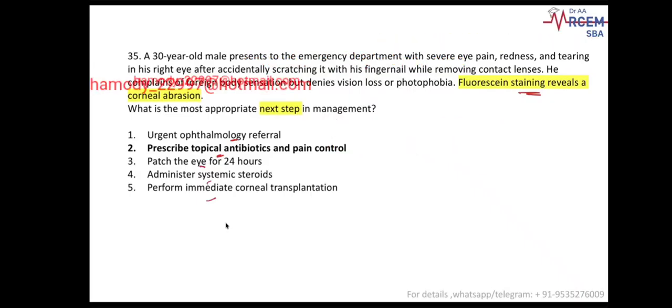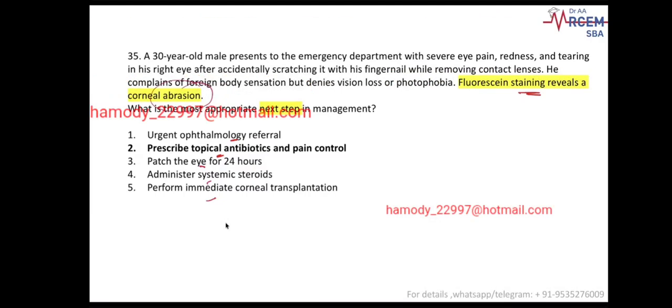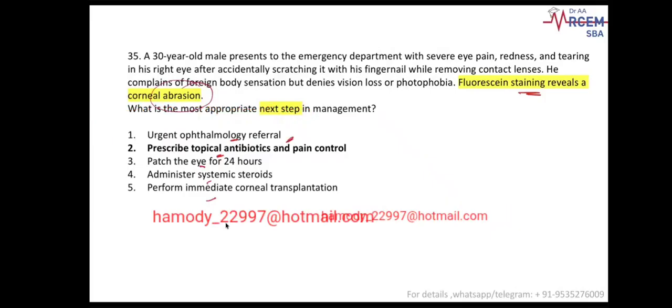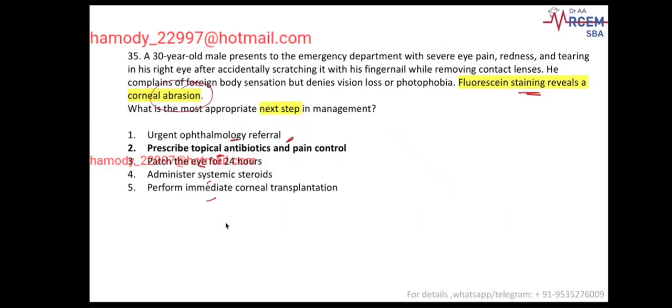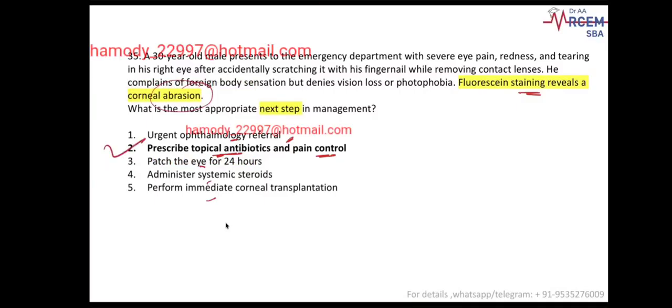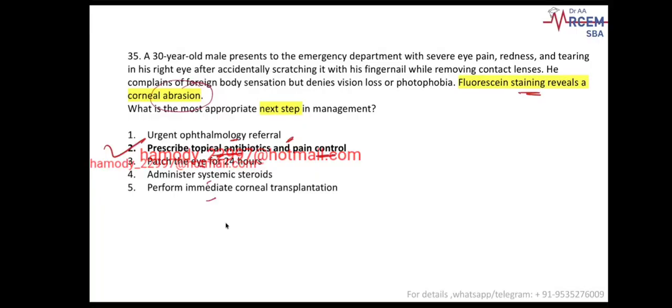This is not a corneal ulcer. There is a differentiating factor between an abrasion and an ulcer. If it is an ulcer, then I would have picked urgent ophthalmology referral. As it is an abrasion, you can prescribe topical antibiotics and pain control, which will be the right answer. Abrasion doesn't require referral. Ulcers require referral.